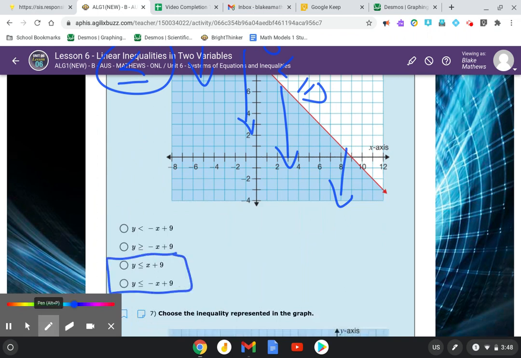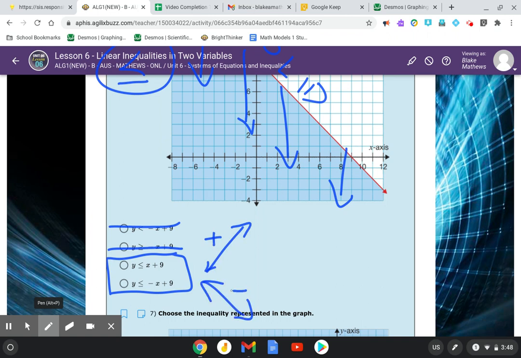Only these two have the correct symbol, so these are no good. And then it's just a matter of, is this slope number here x plus 9 or negative x plus 9? In other words, is it a positive or negative slope? Well, we know that positive slopes go like this, basically, and negative slopes go like this, basically, positive, negative. So we clearly have a negative slope in my graph above. So then I'm going to choose this as my answer choice.